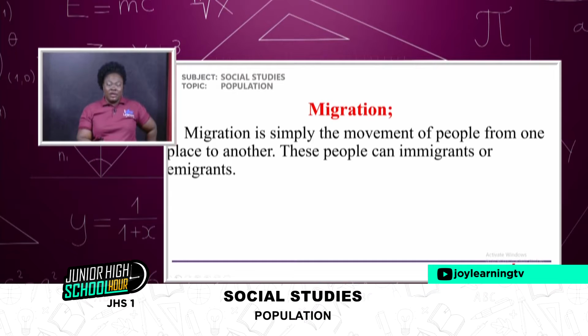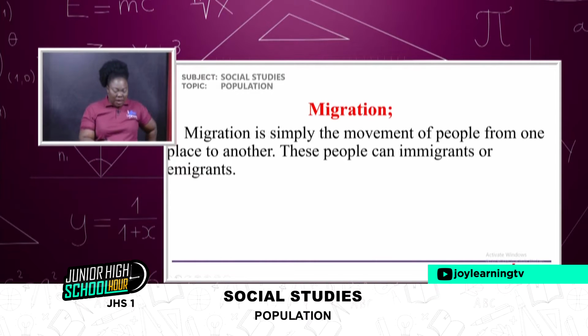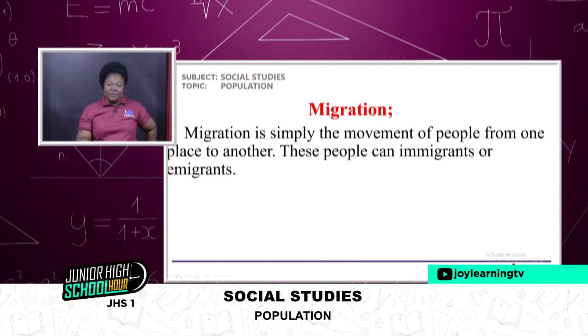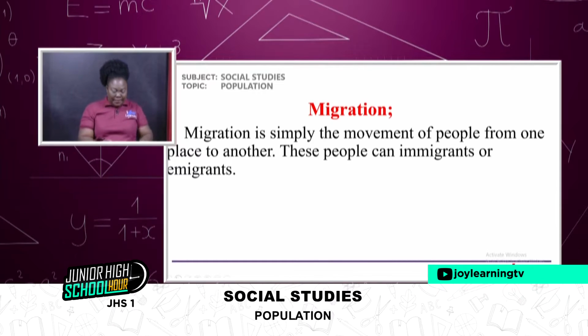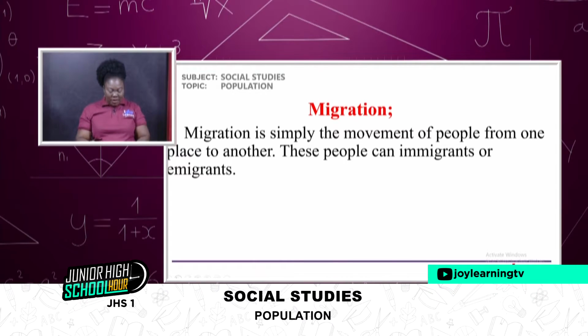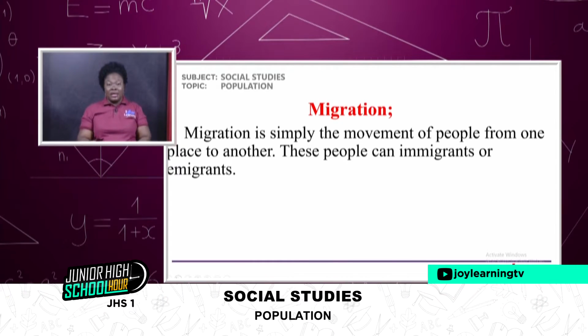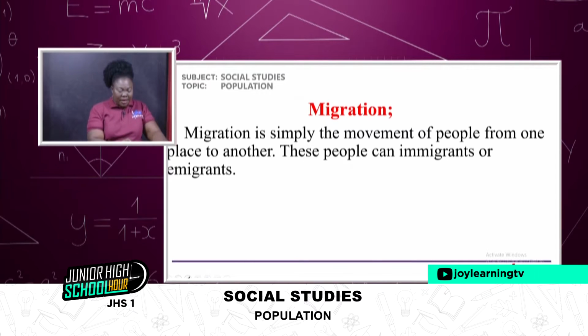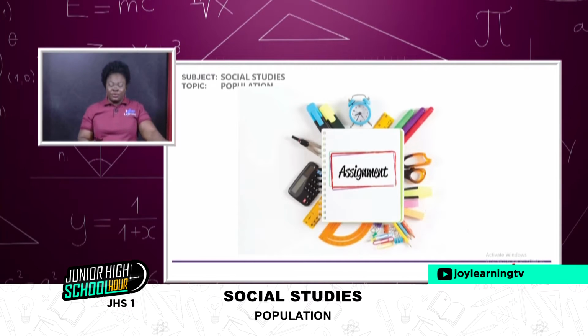I'm sure you enjoyed it very much. So now we'll go to the main part where you'll be doing my assignment for me. And then you send them to your normal social media handle, which is the Joy Learning social media handle on Joy TV. And so I will mark them and send the answers back to you.